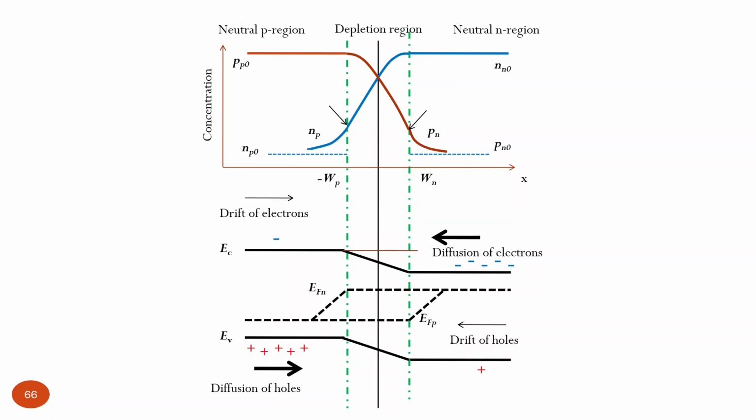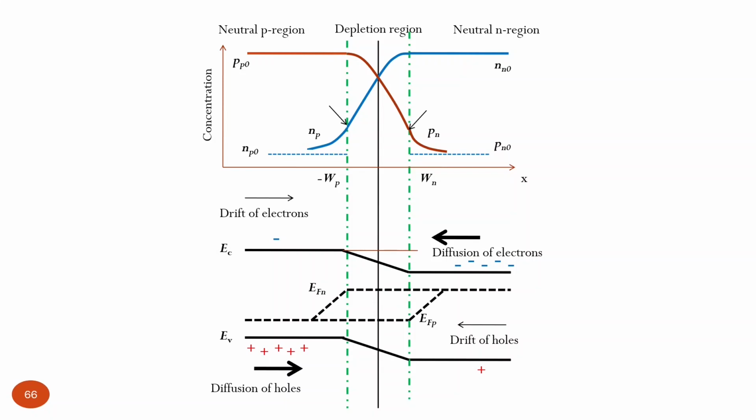We discussed that we reduce the height of the potential barrier, we increase dramatically the density of diffusion current, and drift current remains more or less the same because it was very small.